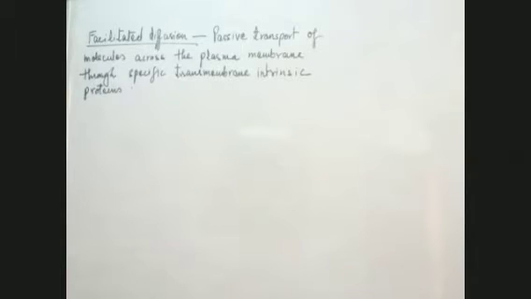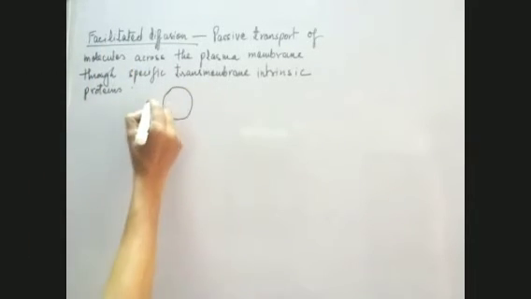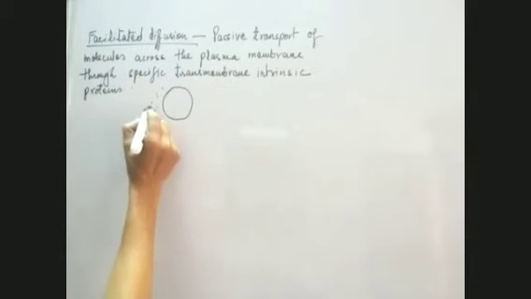For diffusion, as I told you, the semi-permeable membrane is not required. But in facilitated diffusion, of course, the membrane is there. When some substance is diffused into a cell, there are specific proteins located in the membrane which help the molecule to diffuse inside the cell. If this is a cell and the substance has to move in, how does it move?